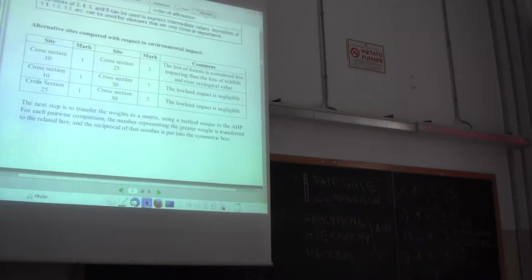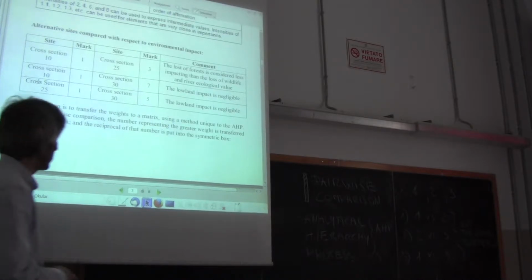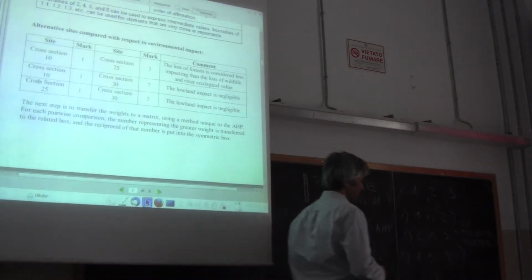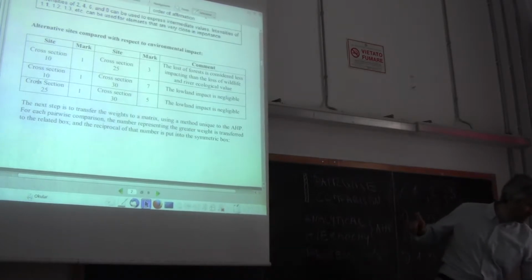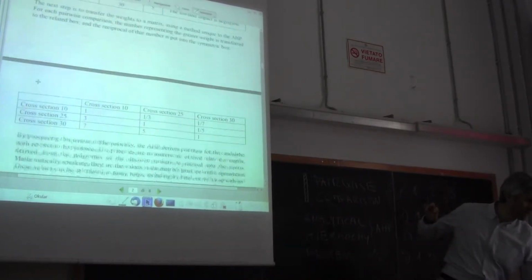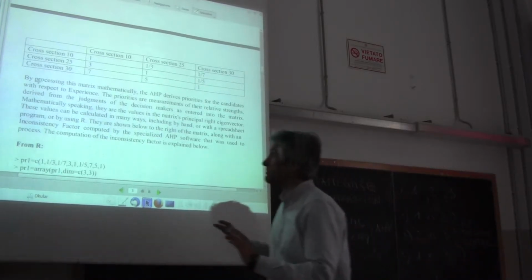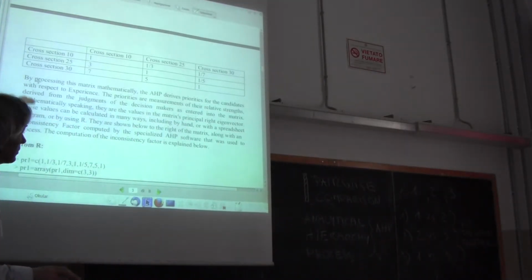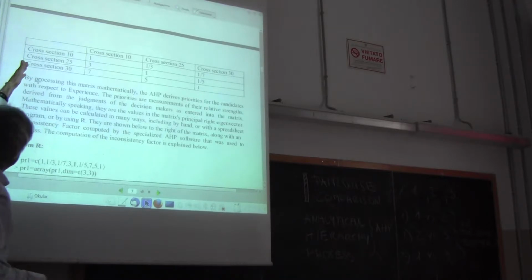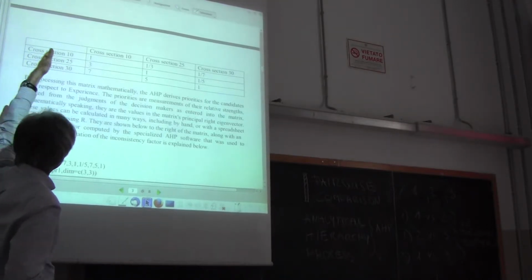So you already understand that if you have 10 alternatives to compare, then you have to be careful about what you do in order to be consistent. The result of this evaluation is better visualized in a matrix, and here is the matrix of the decision. This is a symmetric matrix, and it's a diagonal matrix. You have the alternatives in the columns and the rows.